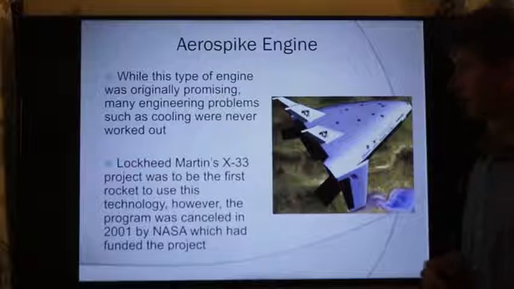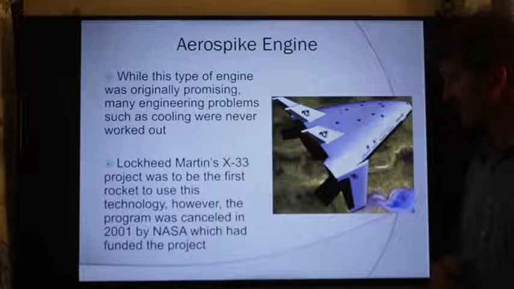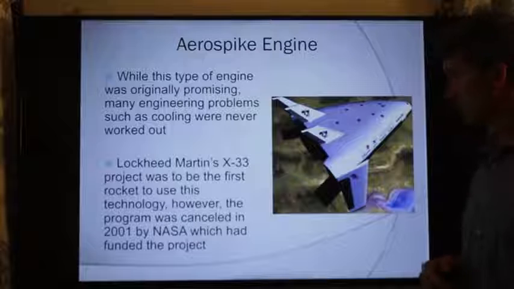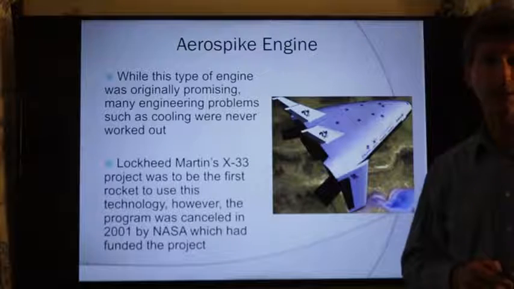It was supposed to go on the X-33, but of course this was canceled because of the cost overruns of the program and the inefficiency of the very heavy engine.